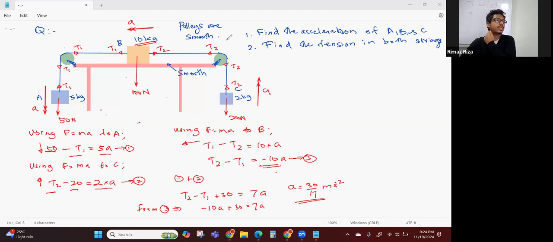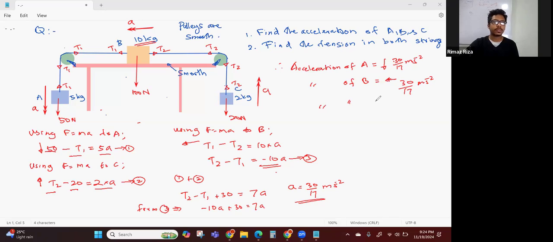In the first question, we need to give the acceleration of A, B and C. The acceleration of A is downward, 30 over 17 meters per second squared. The acceleration of B is to the left, in this direction, the same acceleration, 30 over 17 meters per second squared.